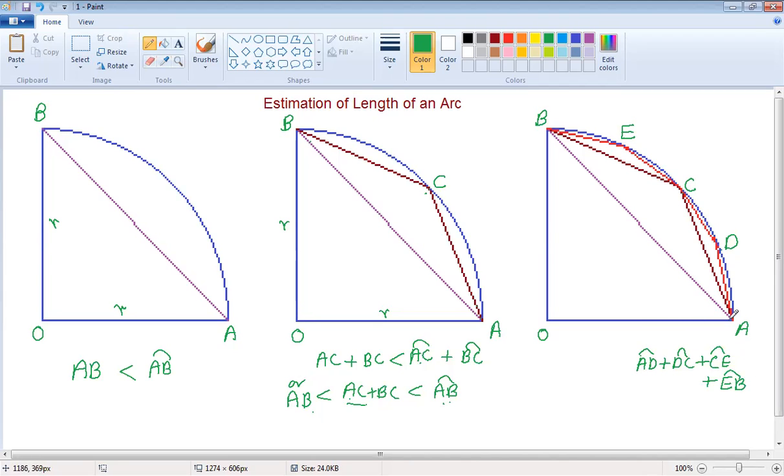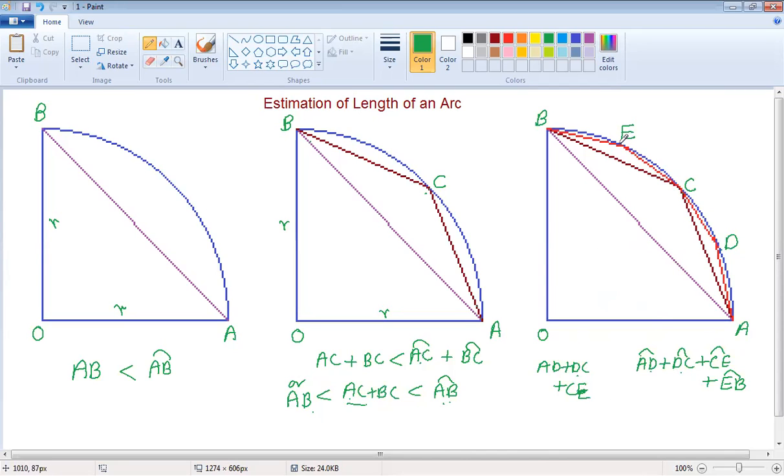But if we take the straight distance AD, the straight distance AD is less than arc AD. I take the straight distance DC, add to it. DC is less than arc DC. Then I take the straight distance CE, which is less than the arc CE.